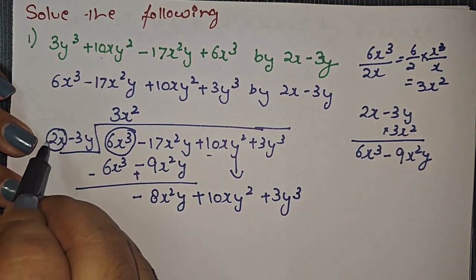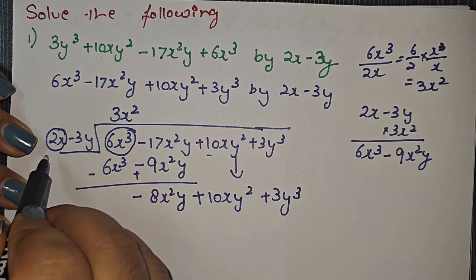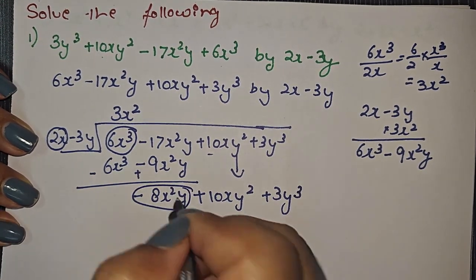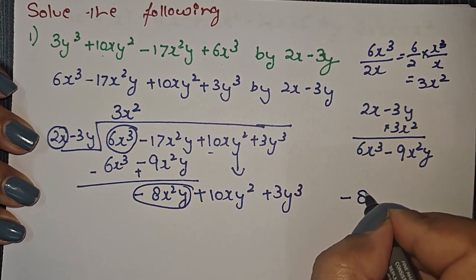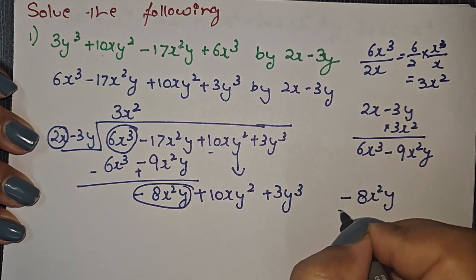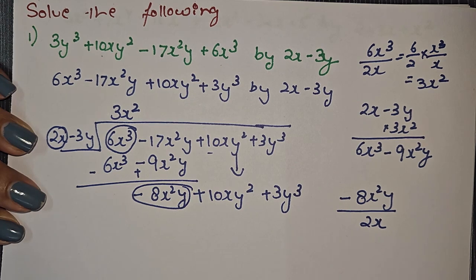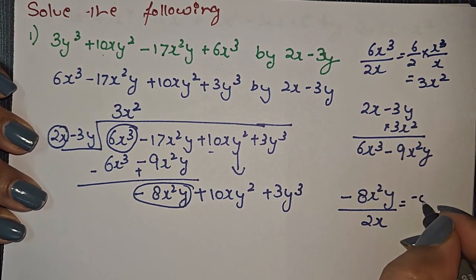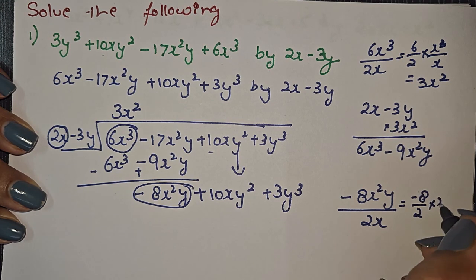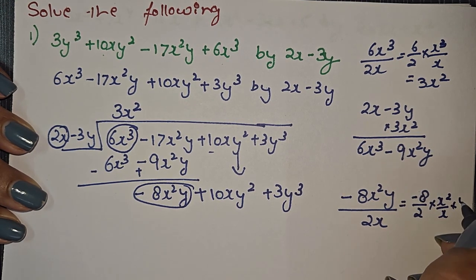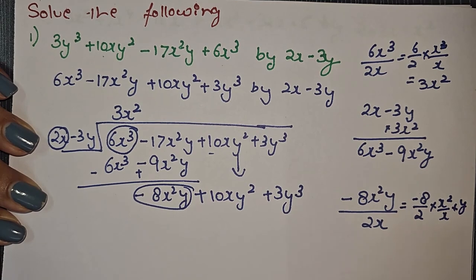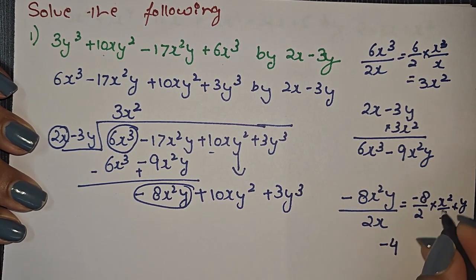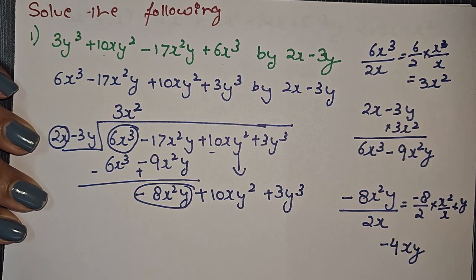Again, we will take the first term of this and the first term of this. So it will be minus 8x square y upon 2x. This can be minus 8 by 2 into x square by x into y, so this one will be minus 4xy.